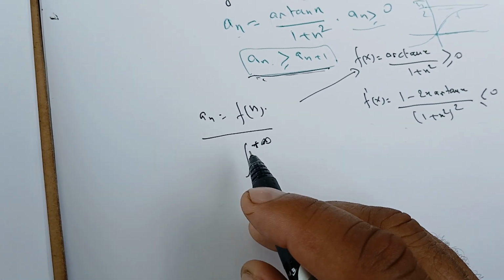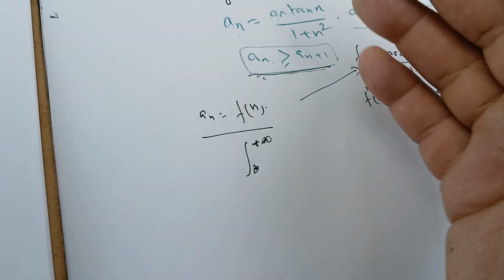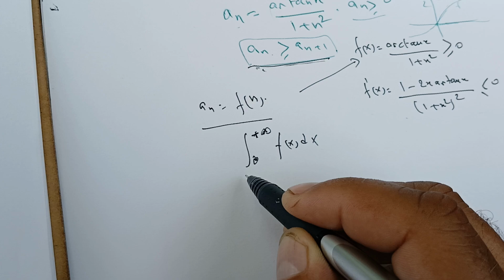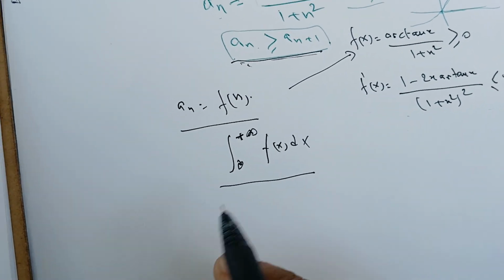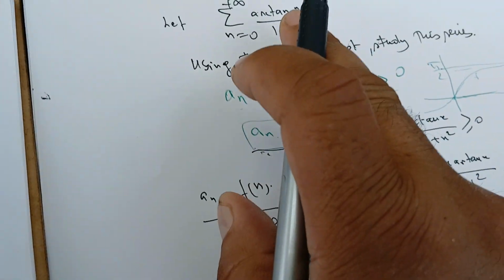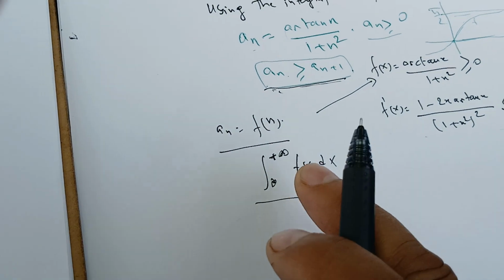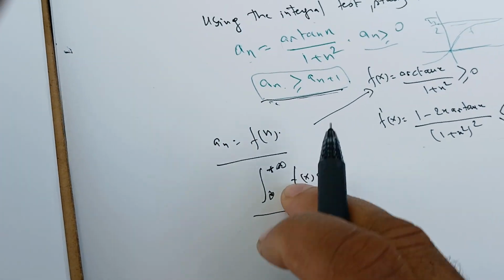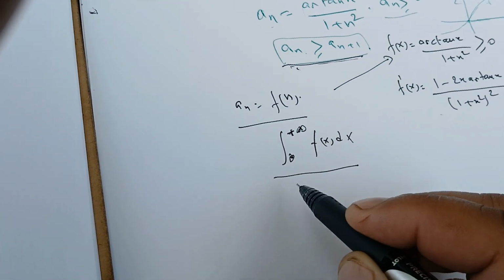So the integral test tells us that the nature of this improper integral is the same as that of this series. If this one is convergent, this series is convergent. If it's divergent, this one is divergent. So let's use this one.